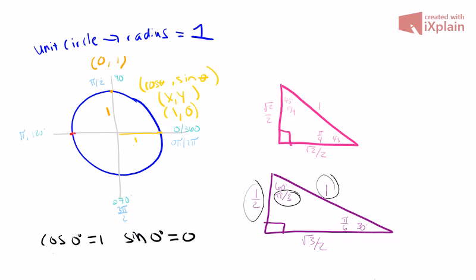So 180, I've got negative 1, 0. So that means my cosine would be negative 1. My sine would be 0. And for 270, or 3 pi over 2, that means that I'm going 0, negative 1. So my cosine would be 0, and my sine would be negative 1.